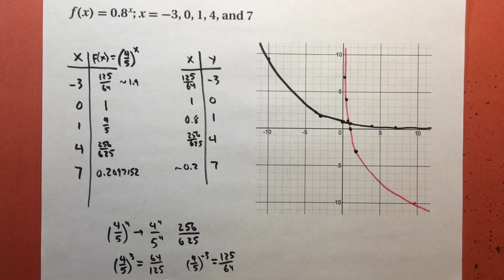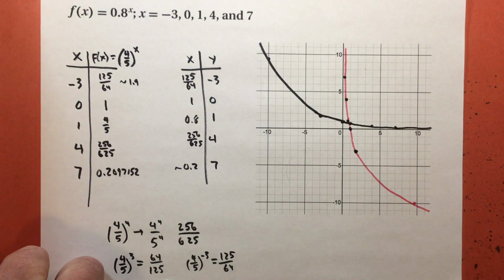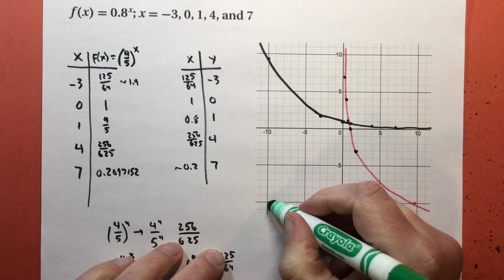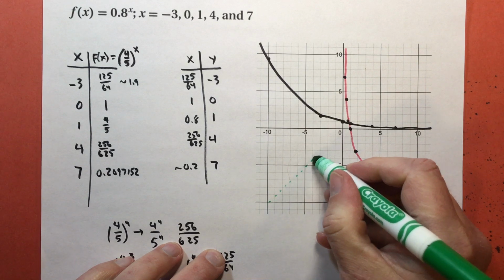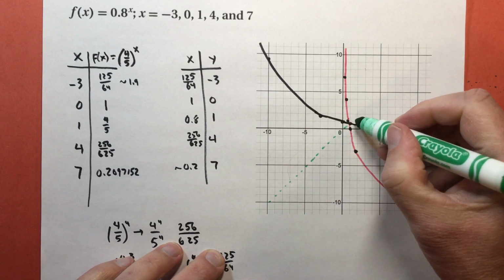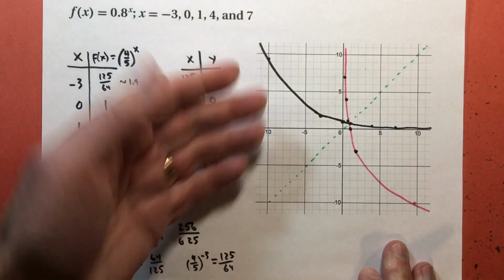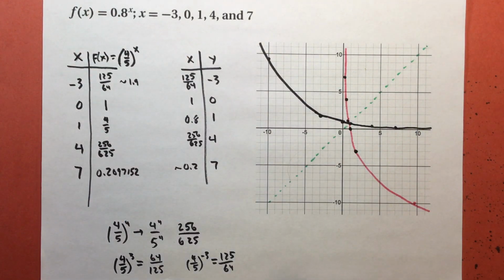If you kind of check this out a little bit, I still have this reflection, this mirror line right here, where the black graph got flipped over and made that reddish graph. Okay, we will be exploring more of this when we get to the section about transformations of functions, but this is just enough to get you started.